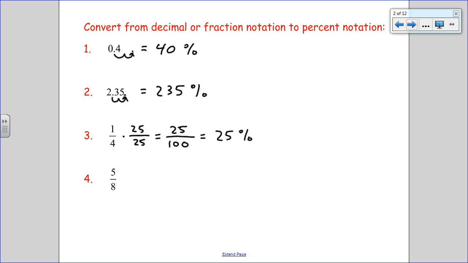However, if the denominator is not a factor of 100, then this conversion is not so easy. So it's often easiest to convert the fraction into a decimal first and then convert the decimal to a percent. For example, with the fraction 5/8, we can rewrite that in decimal notation by dividing 5 by 8.